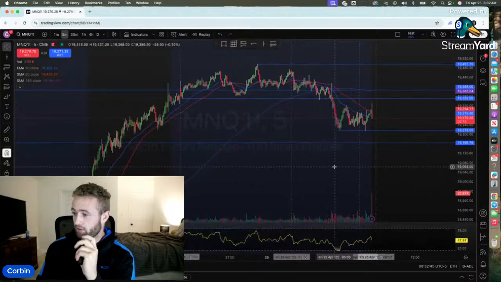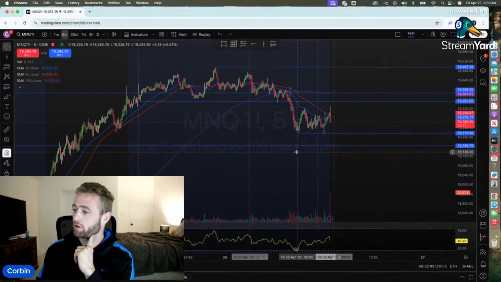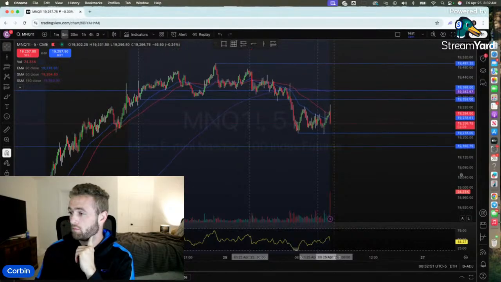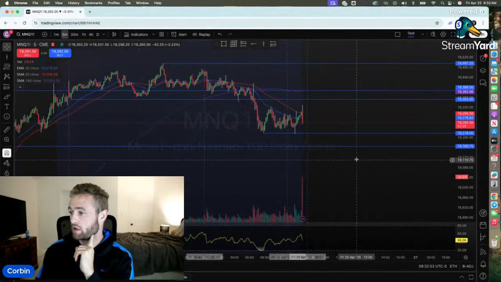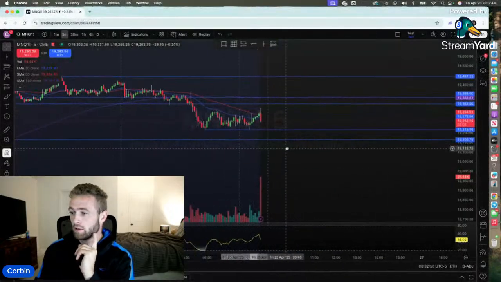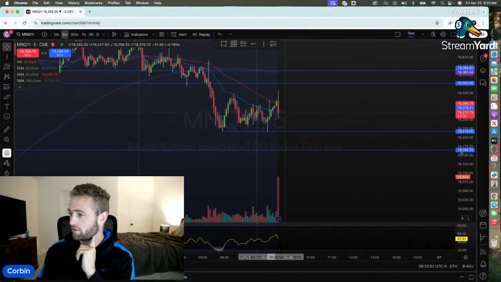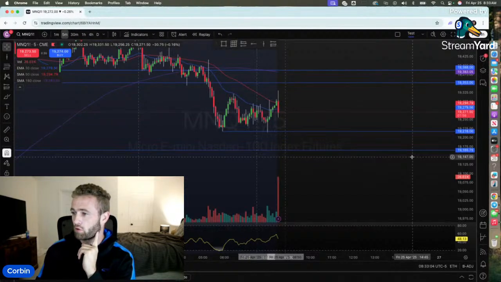Getting a nice red candle. Like I said, I am bearish on the market, but based on how it's been trading in the last few days, everybody else seems to be bullish. And if there's one thing I learned yesterday, and since I've been trading, it's don't go against the trend.